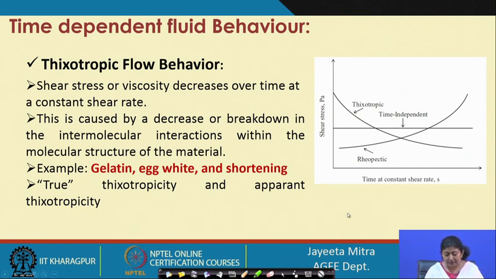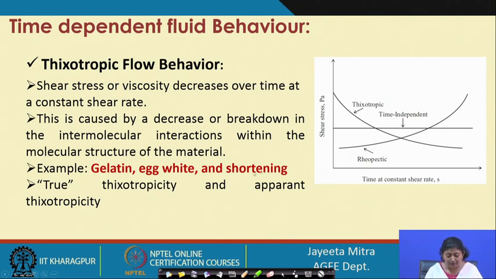That means, the material which shows a decreasing nature of shear stress at constant shear rate over time, and when we change its force or the shear rate and bring it to the initial condition, then its viscosity will be recovered, then we term it as true thixotropy.